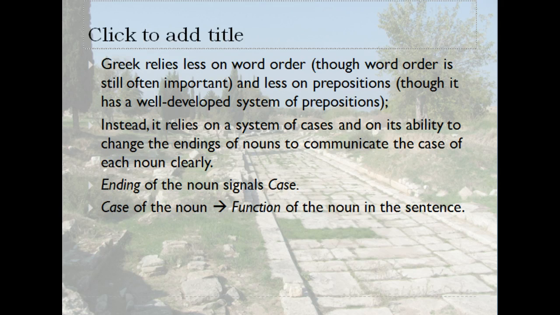We will begin then to have to look very closely at the ending of a noun to determine what case that noun is in. And once we know the case, then we can ask, well, what function is that noun going to have in this sentence? And then those functions will be what we've been exploring: subject, direct object, indirect object, locator, descriptor, instrument.